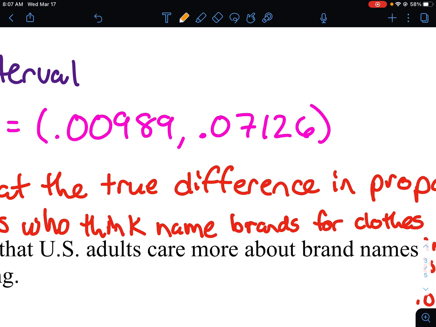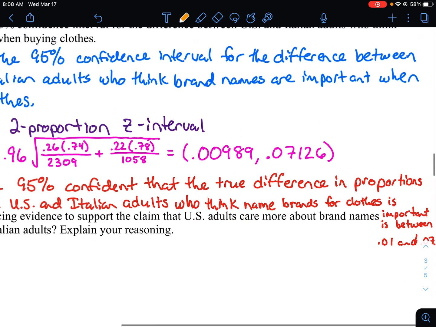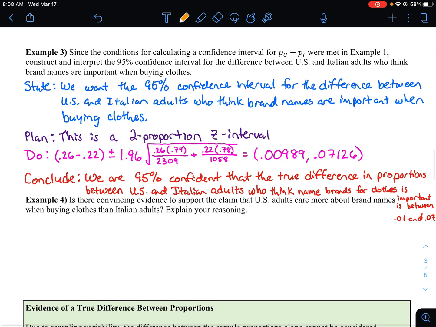Because if 0 is in the interval, that means it's plausible that these two populations feel the same way. However, in this case, 0 is not in the interval, which means this is pretty convincing evidence that there is a difference. There is a difference between the groups, and even more so, that the Americans' value is higher than the Italians' value because the difference between the two produces a positive number. Okay?